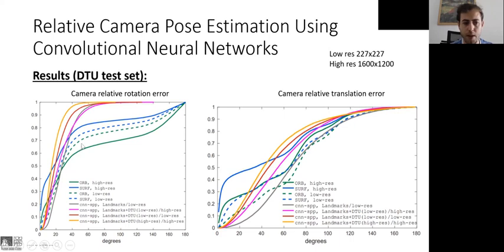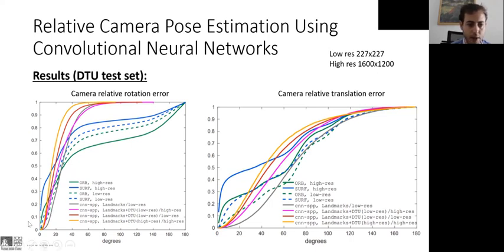So for example, the blue and green curves are for the classical method that uses point correspondences, and these 4 curves are the results for the convolutional neural network outputs.